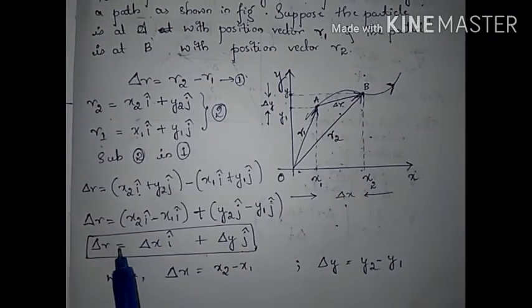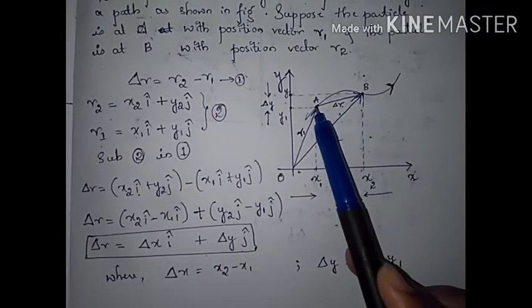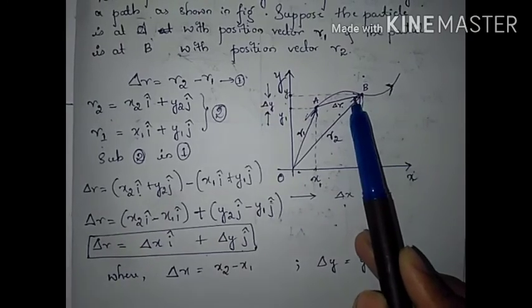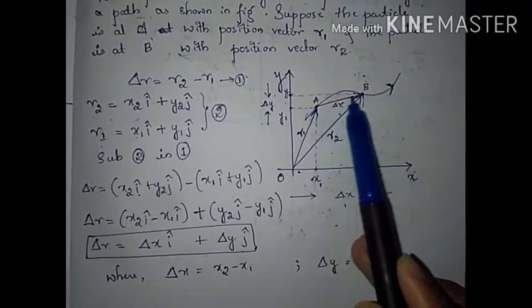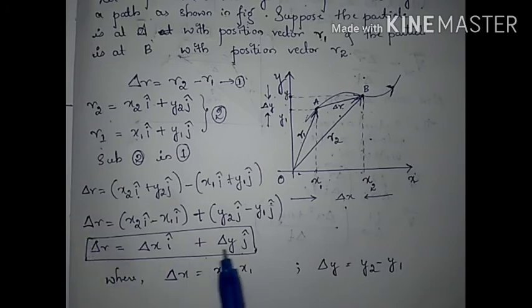So delta r can be written as delta x i cap plus delta y j cap. The direction of the displacement is from point A to point B, as you can see from the arrow mark.